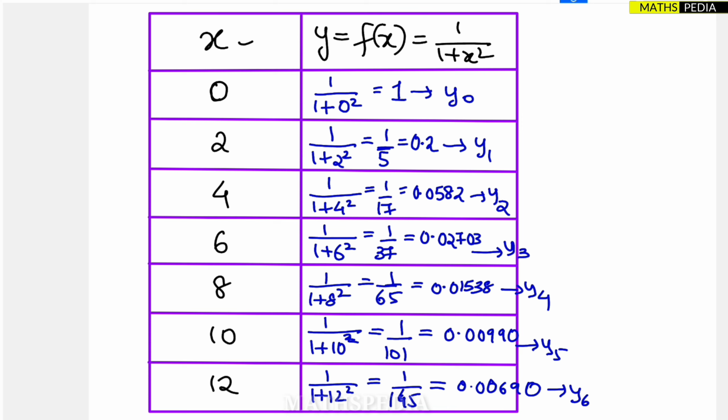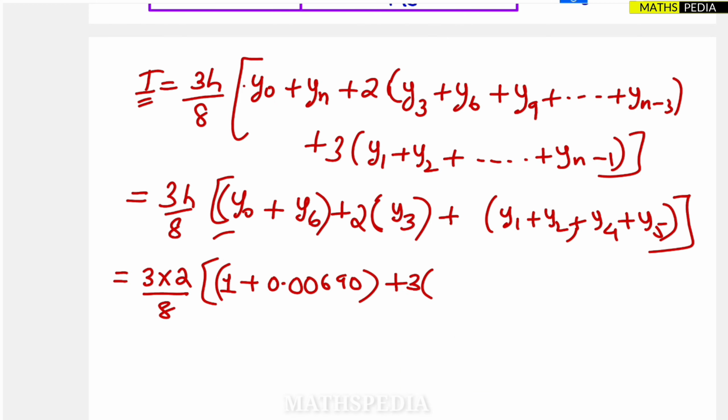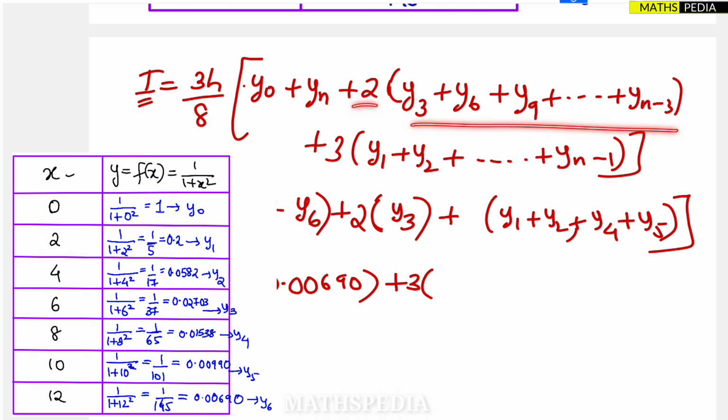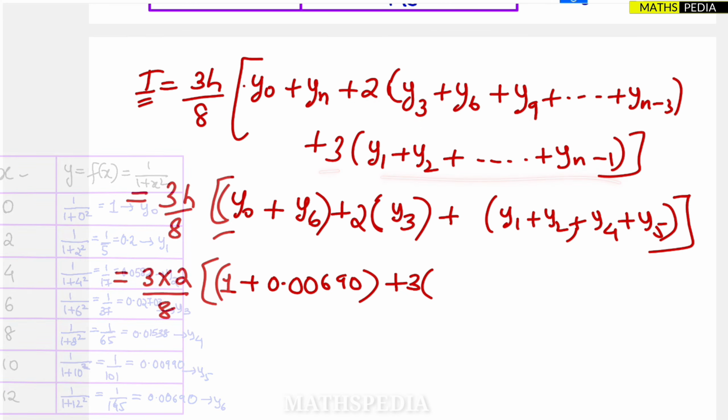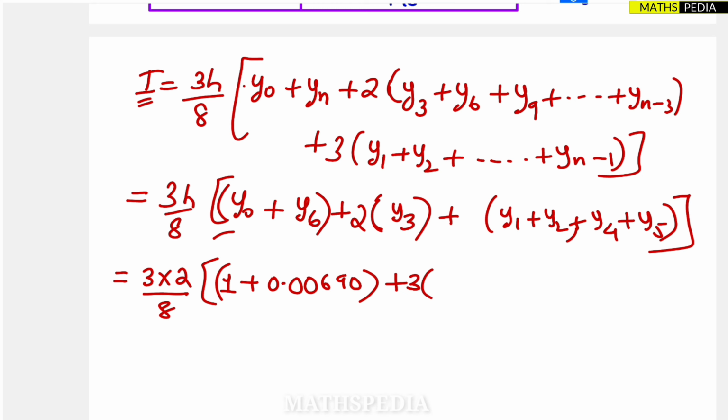After forming this table, we have the first term, the last term, plus 2 times the 3-multiple terms, and 3 times the rest of the terms. Here the last term is y6, corresponding to x value 12. Plus 2 times the 3 multiples: y3 we have to include, as it is the starting 3 multiple. Y6 I cannot include there because it is already included as the last term.